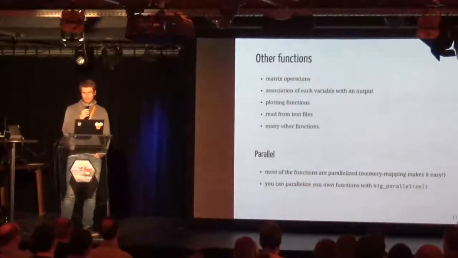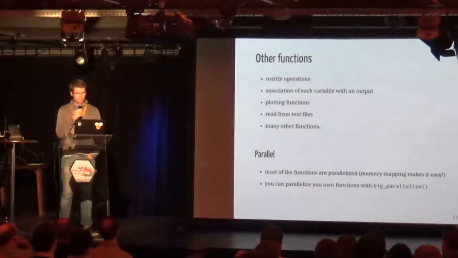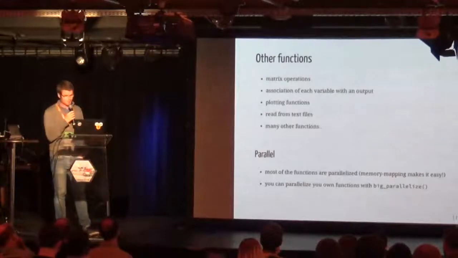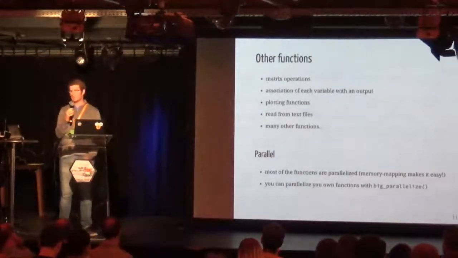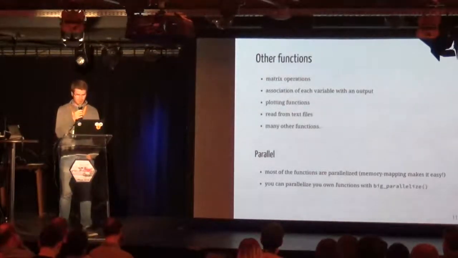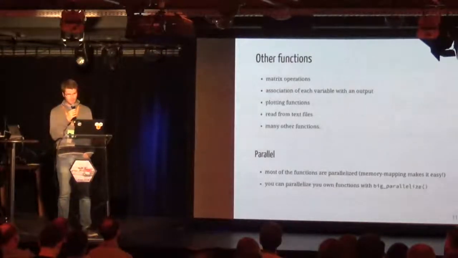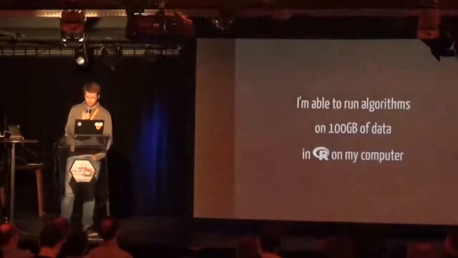And there are also other functions like matrix operations, association of each variable with an output, plotting functions, and so on. Most of the functions in this package are parallelized. And you can also parallelize your own function with the big_parallelize function that I provide in this package.